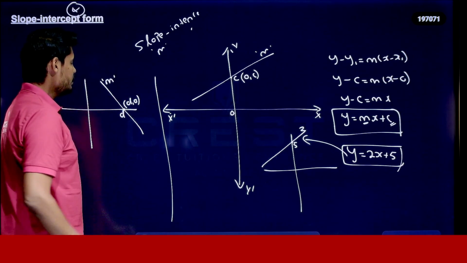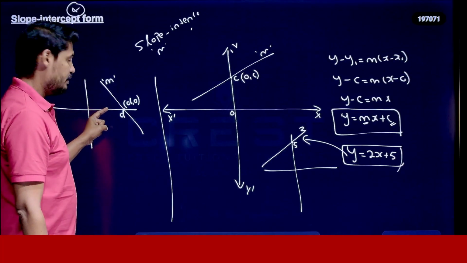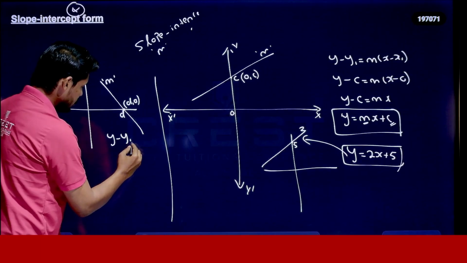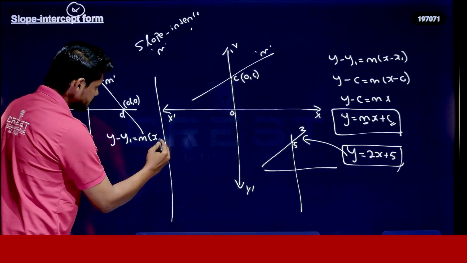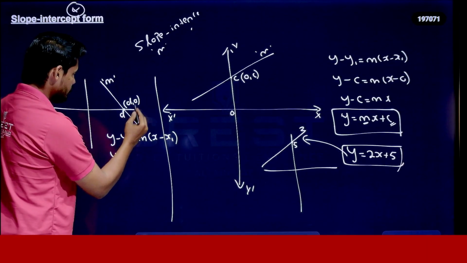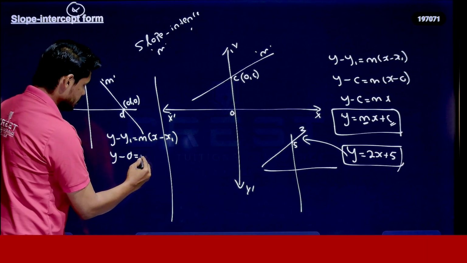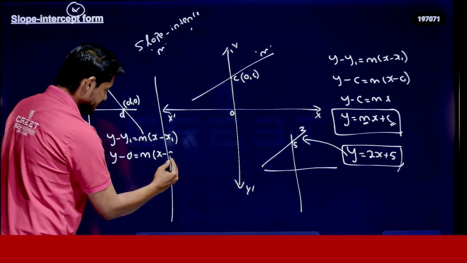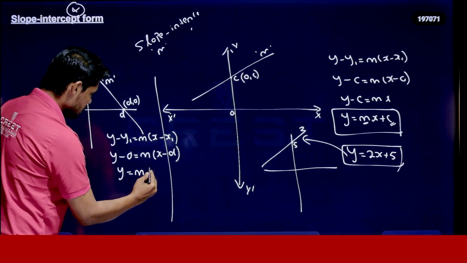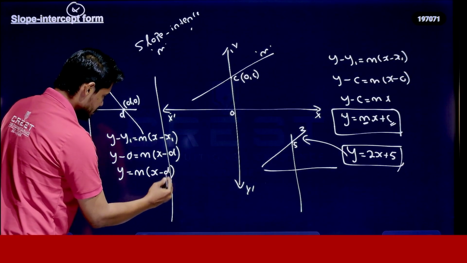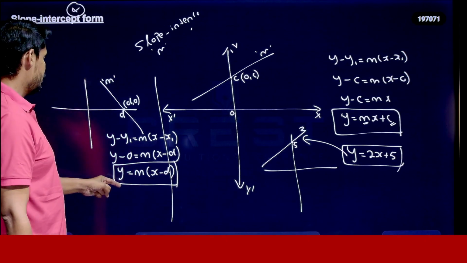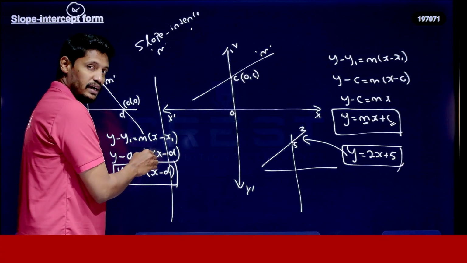What is the equation of this line? Here we can apply our main equation y minus y1 equal to m into x minus x1. So y minus 0 equal to m into x minus d, where x1 is d. So we will get y equal to m into x minus d. This is the equation of line with x-intercept d given.